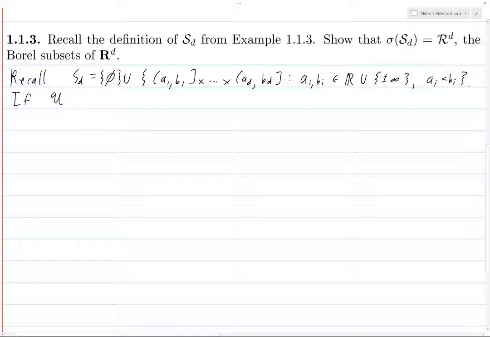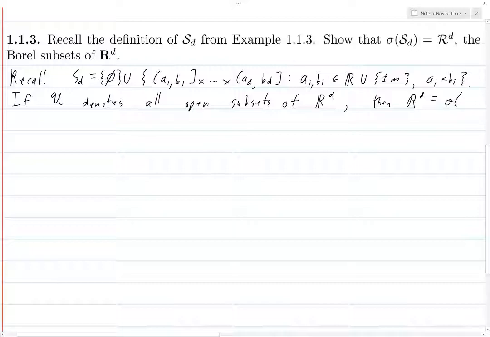If we use this fancy U to denote all open subsets of R^D, and of course by open I mean open with respect to the standard topology, then the Borel sigma algebra on R^D is, by definition, the sigma field or sigma algebra generated by the open subsets of R^D.